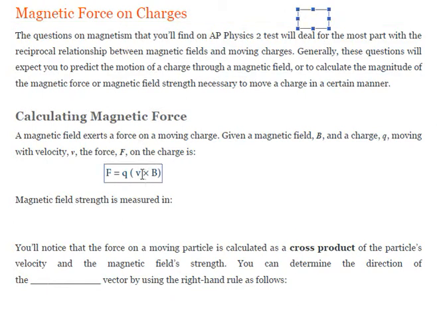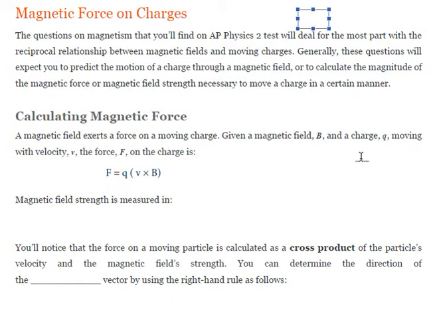Alright, so this operation right here between V and B is called a cross product because velocity is a vector and the magnetic field is a vector. We take some cross product between the two. Essentially, it's a way that you can multiply two vectors and get another vector out, because we want force to also be a vector.